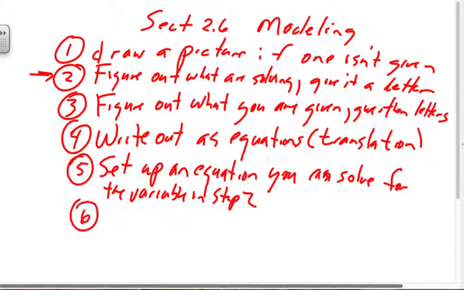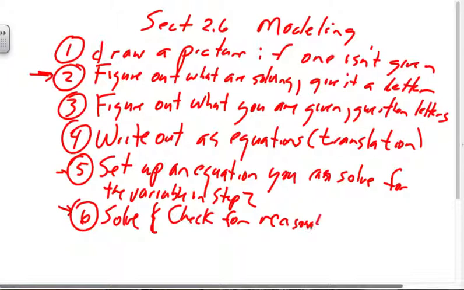And then the last thing is actually solve, which in this case you may not always necessarily need to do. Sometimes they're just asking you for the equation. But solve and check for reasonableness. This is real important. Make sure that your answer actually makes sense.